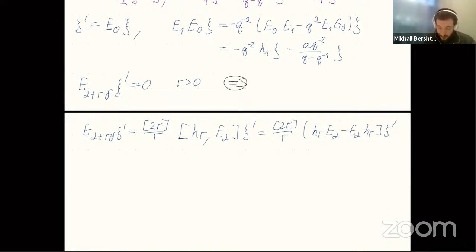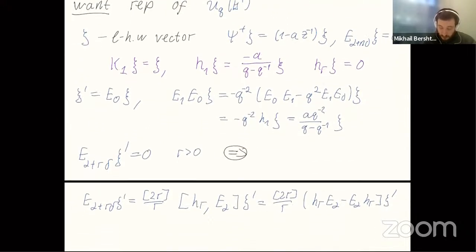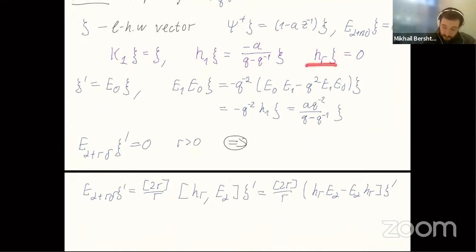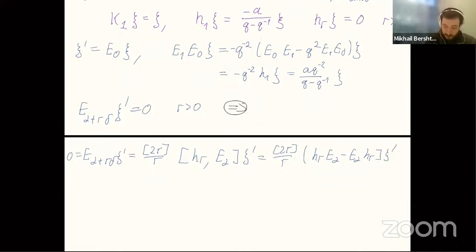And for R greater than 1, this term vanishes, because we know that H, for index greater than 1, vanishes on the highest weight vector. Therefore, for R greater than 1, this term also should vanish, because we know that this is 0. And E alpha acts by some non-zero constant, which we computed here.